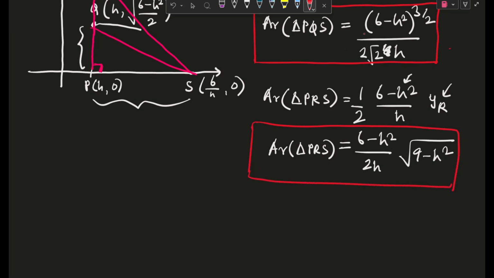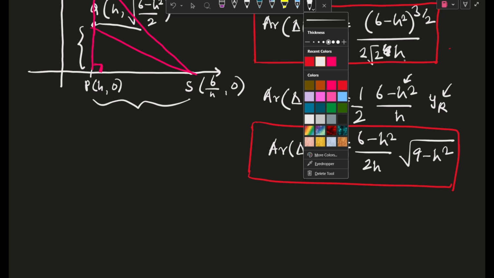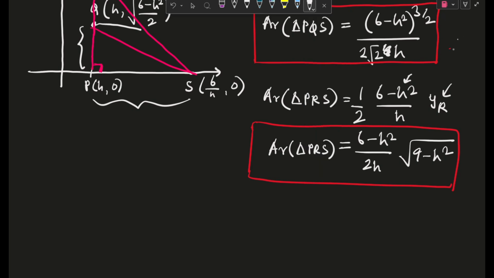Okay, so now let's go on into the calculation part, like a lot of minimum, maximum and stuff was asked. So guys, first thing is, let's deal with your area of triangle PQS. Okay, and wait a minute, I will just check.